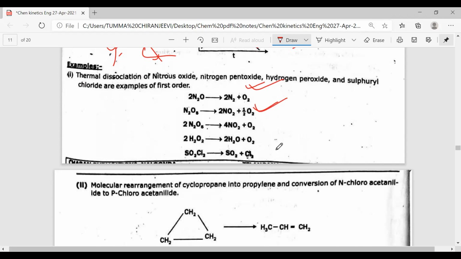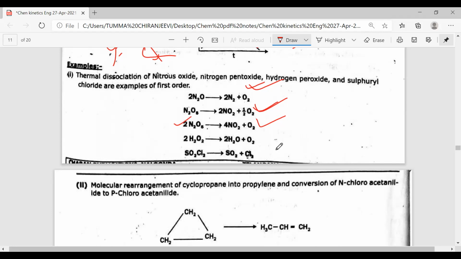And the next one, nitrogen pentoxide, here it is also a decomposition, giving nitrogen dioxide plus oxygen. We have two molecules dissociating into nitrogen dioxide plus oxygen.